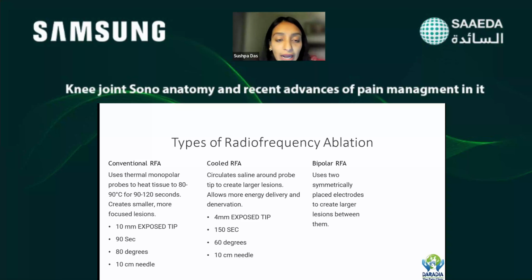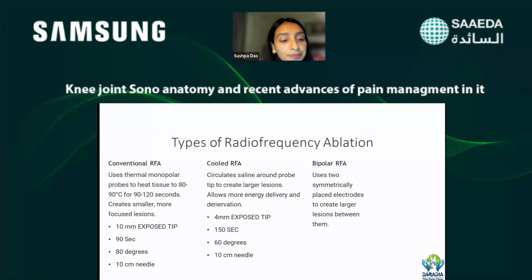So I have been speaking about how we started with conventional radio frequency ablation, and now different types have come up, cooled radio frequency ablation and bipolar radio frequency ablation. So what is conventional radio frequency ablation? In conventional radio frequency ablation, it is a monopolar probe, and there we produce a thermal lesion.